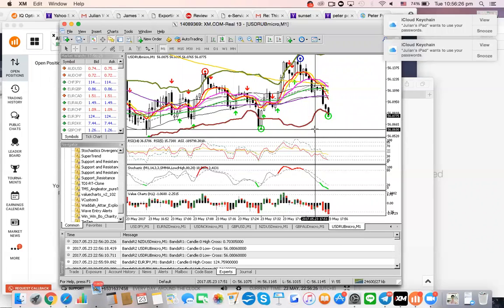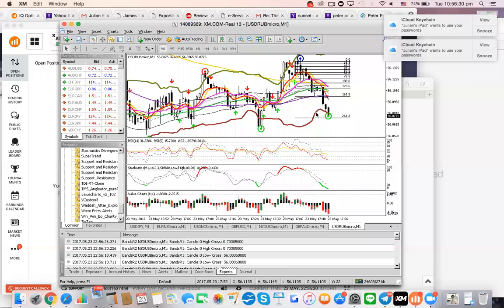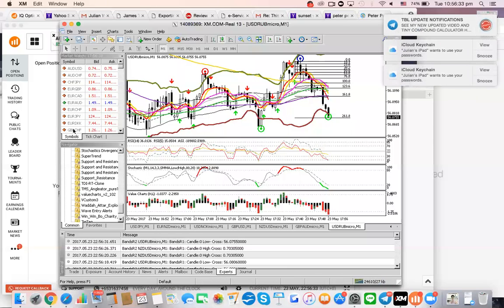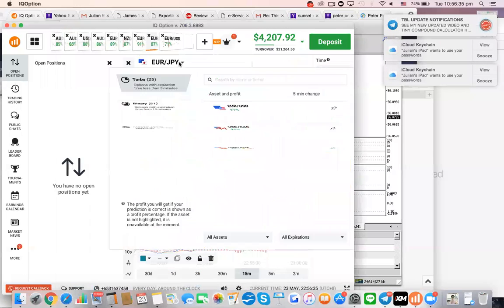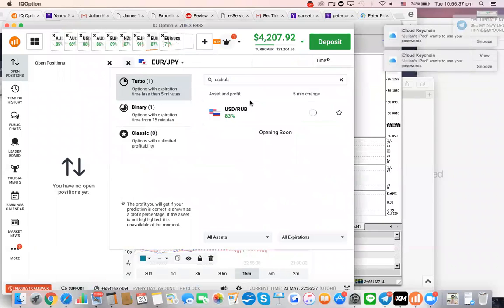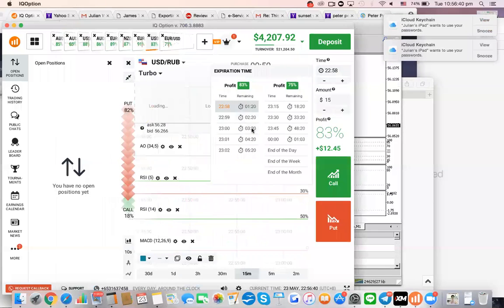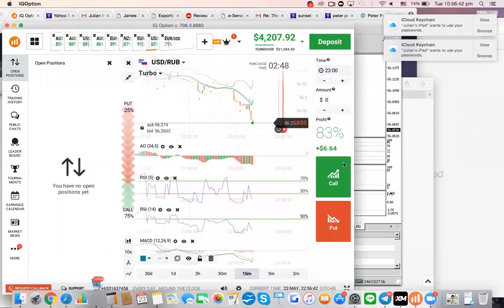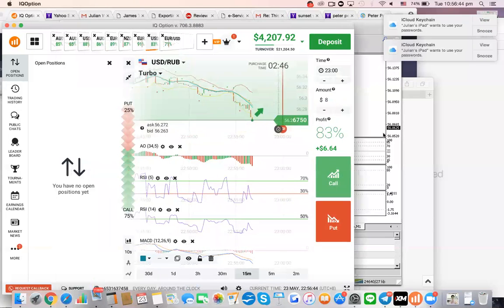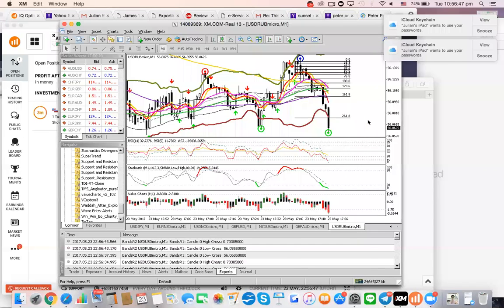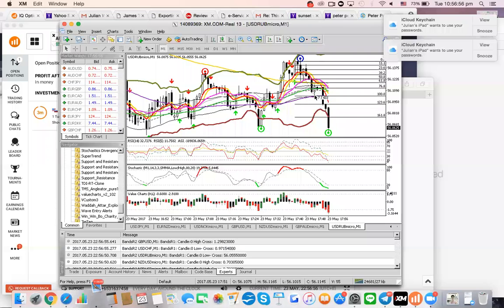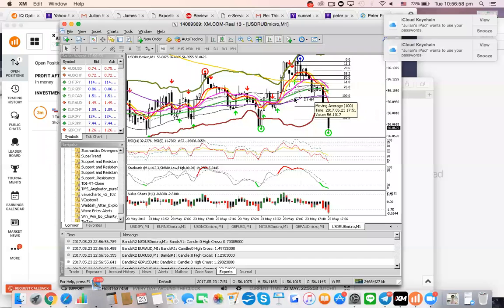And see if we can get any lines on this. Fibonacci 261. Yeah, let's give this one a shot. 3 minutes call. Previous low. If I adjusted my line, it's not quite exact.